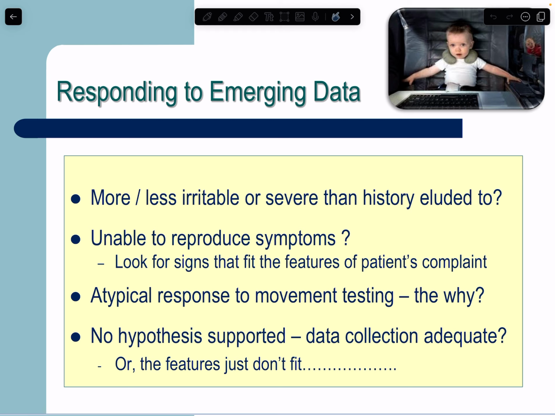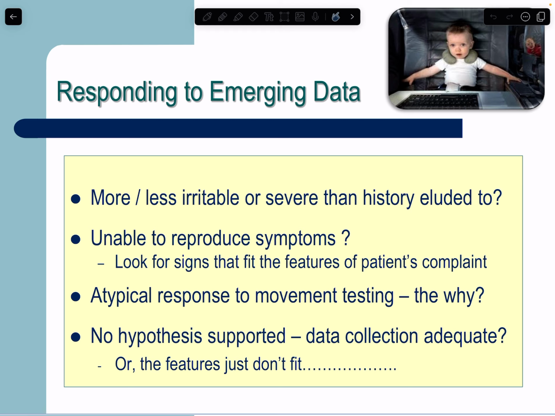Or they have an atypical response. And you've got to say, why do they have this atypical response? Atypical response meaning out of proportion pain or symptoms that peripheralize that the patient didn't even tell you about. And you then have to figure it out on the go, or at least know what to do with that information.